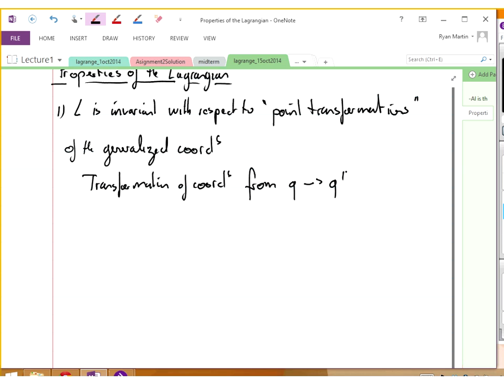The most general type of such a transformation is called a contact transformation. That's when the Qi primed is a function of the Qi, the generalized velocities, and time.